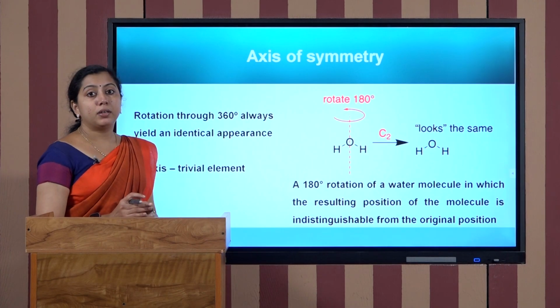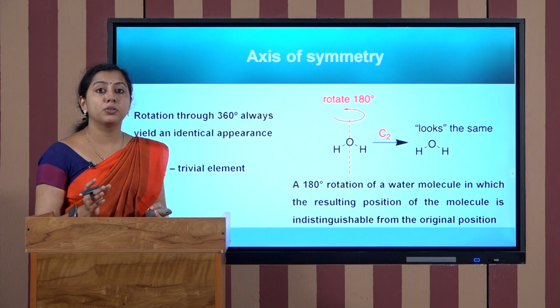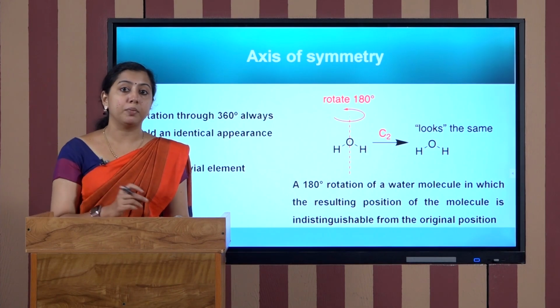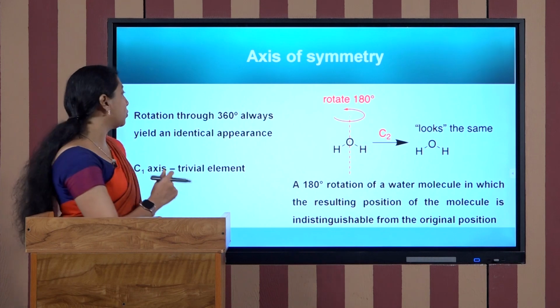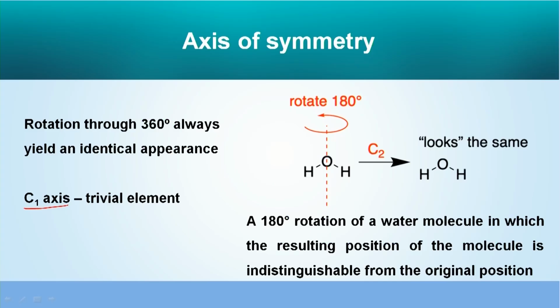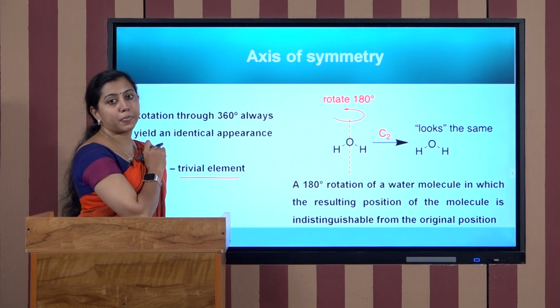We know that when a crystal is rotated through 360 degrees, definitely it will give an identical appearance. So, rotation through 360 degrees is referred to as a C1 axis, and definitely all elements when rotated through 360 degrees will give an identical appearance, and hence it can be treated as a trivial element.